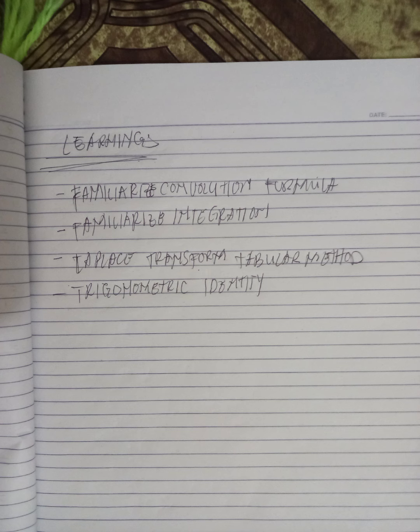And then next, we have to familiarize ourselves with the Laplace transform, which is the tabular method, which is very important, and also the inverse Laplace transform in addition to that in the tabular method. Also, we have to review the trigonometric identities so that we can manipulate them, most importantly the identity of two angles in trigonometry.